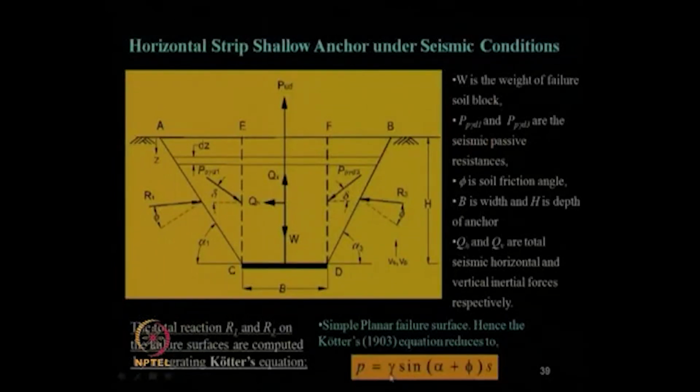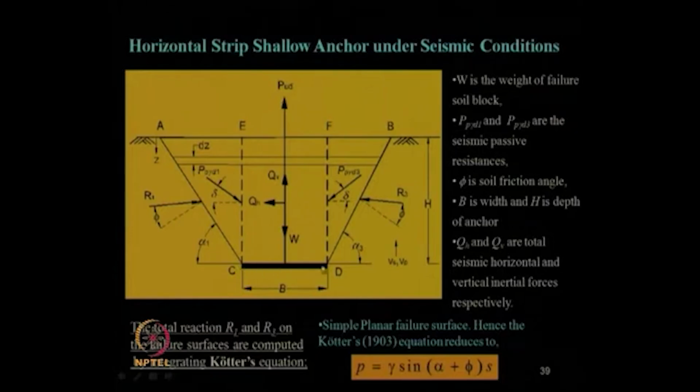So, p equals the integral of gamma sin(alpha + phi) ds. This is for the simpler failure surface. Sunil Rangari's thesis first carried out research on the horizontal strip shallow anchor under seismic conditions.